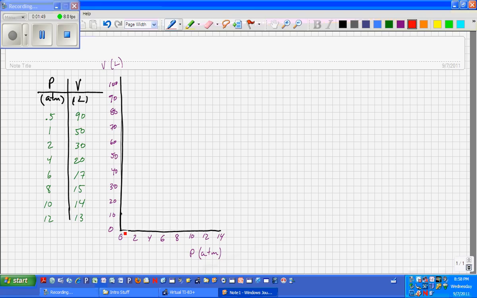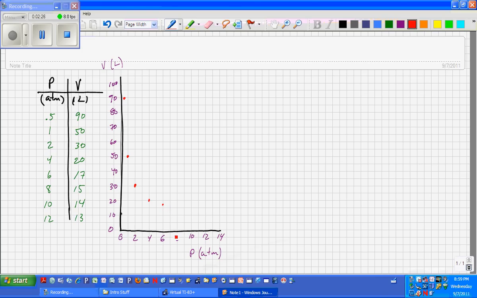My first point is at 0.5 and 90, so that'd be up here. My second point is 1 and 50, so that'd be here. And my third point is at 2 and 30. And then I've got 4 and 20, and 6 and 17, so that's 15, that'd be about 17 right there.